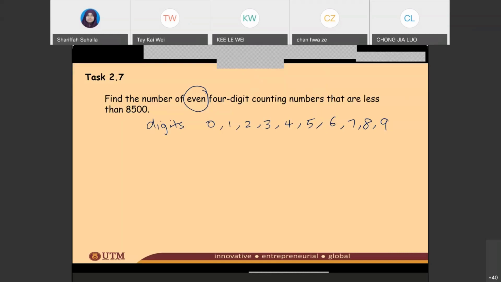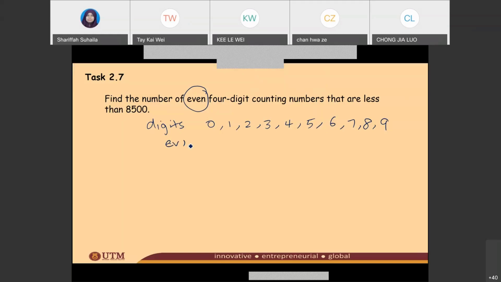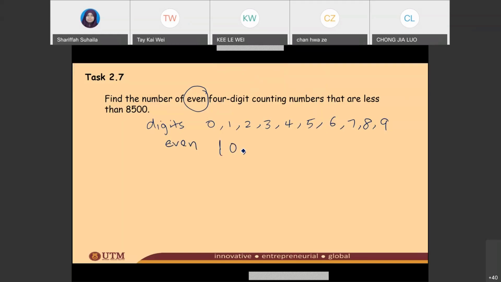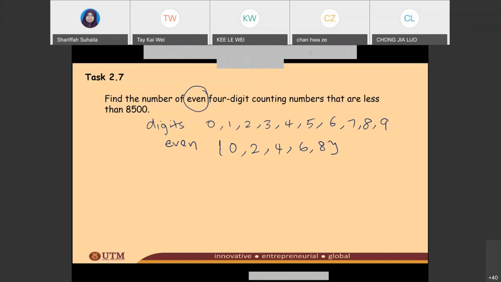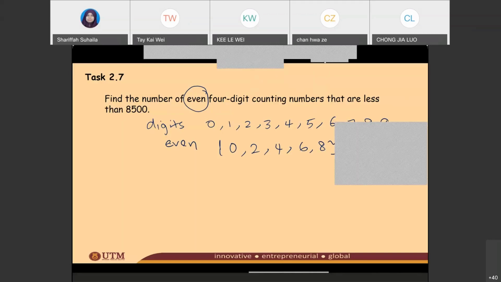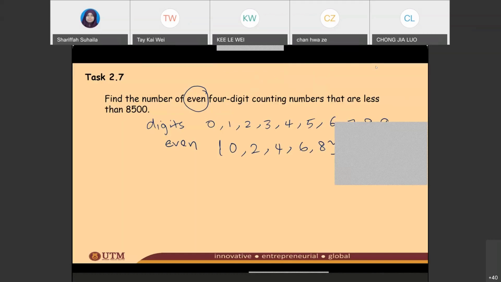Good, 3750. So even, that means you have 0, 2, 4, 6, 8. So that is your even number. Anyone get the same answer as Kaiwei? Dapat tak? 3750.